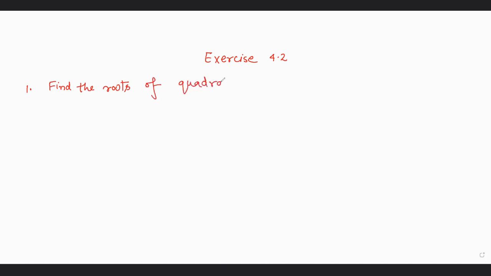As you can see, the question is x square minus 3x minus 10 equal to 0.